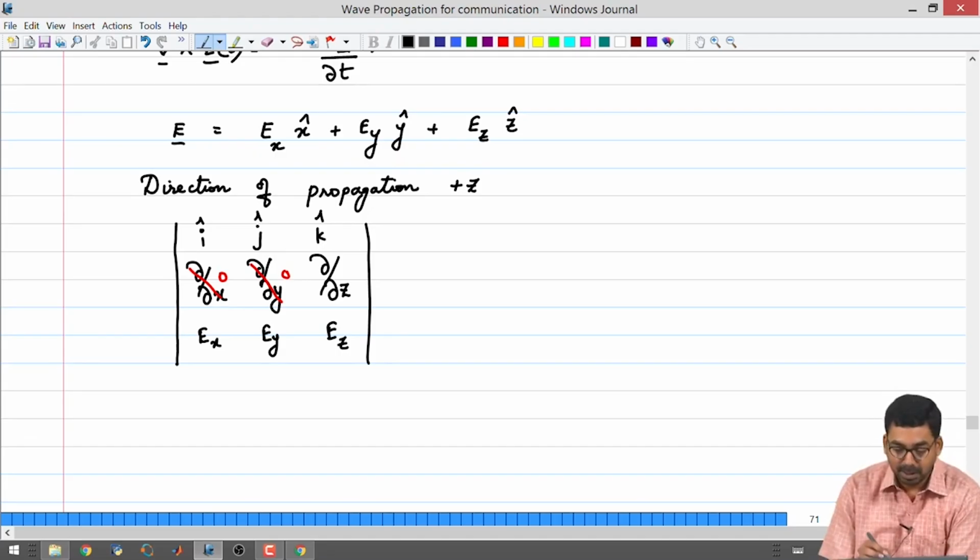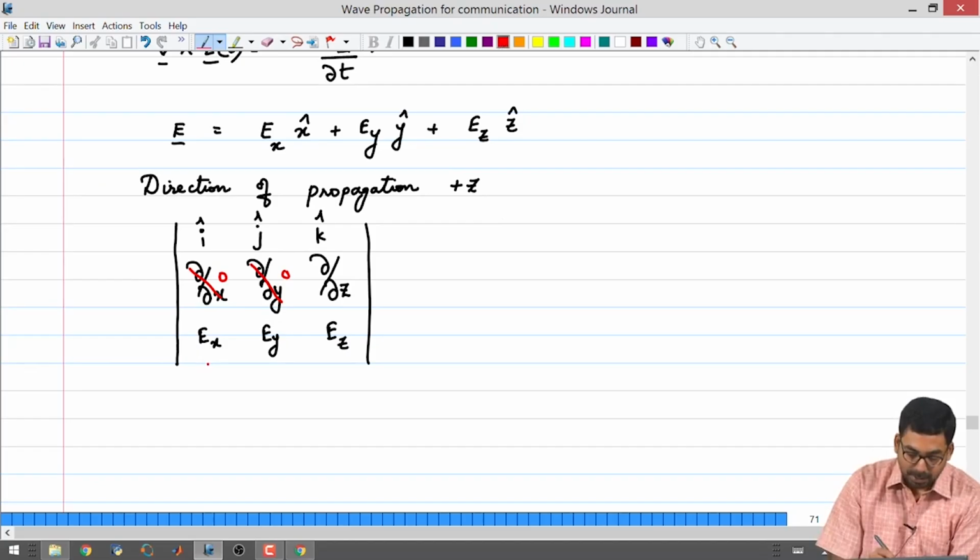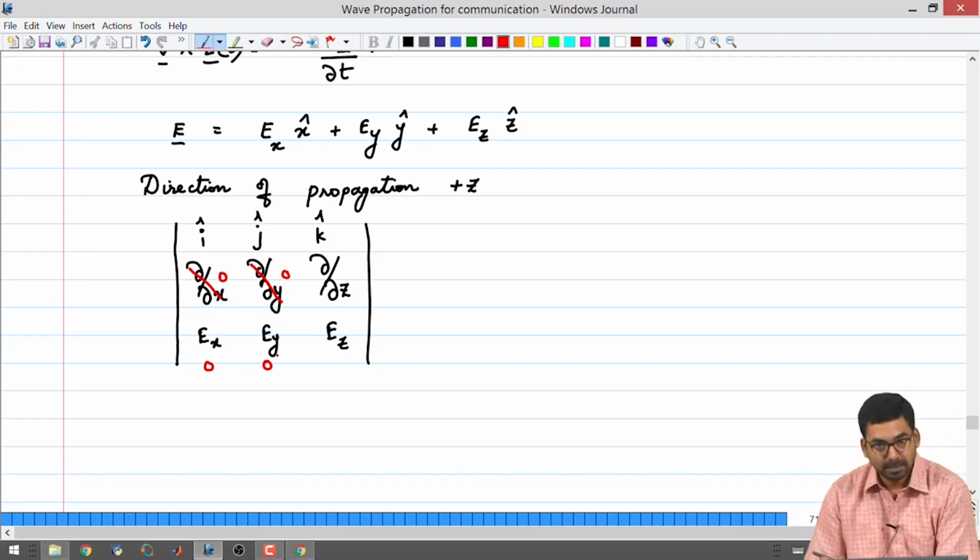Suppose you picked the direction of propagation to be z, and suppose you think that the electric field has a z component, and let us say the electric field has only the z component, with no x or y component, which is the simpler case. What one can do is mark this to be 0, 0 and Ez.